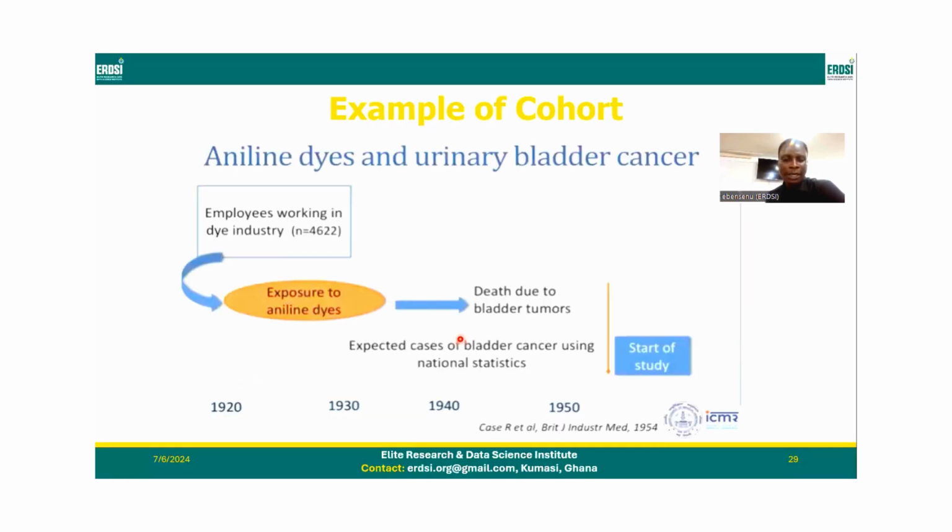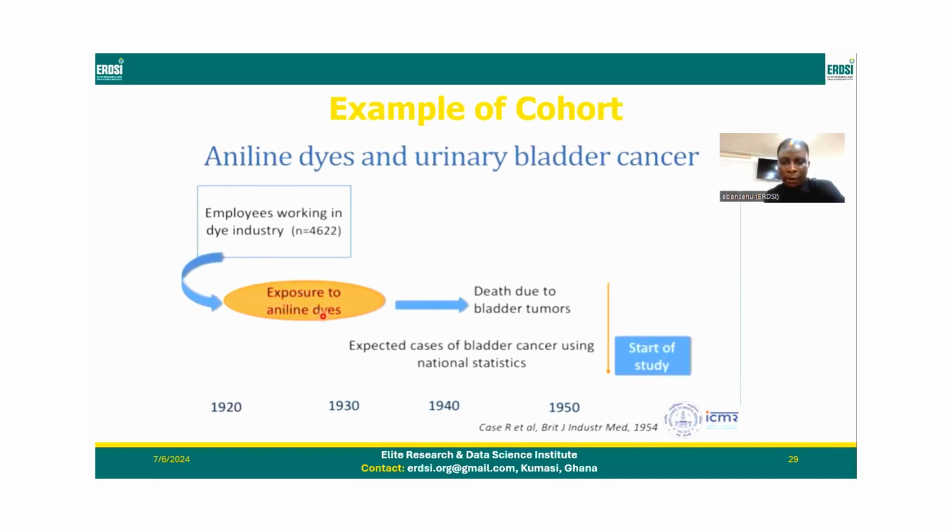So a typical example, let's look at this case. Way back in the 1920s, this is what happened. There was a group of people that were exposed to aniline dyes.